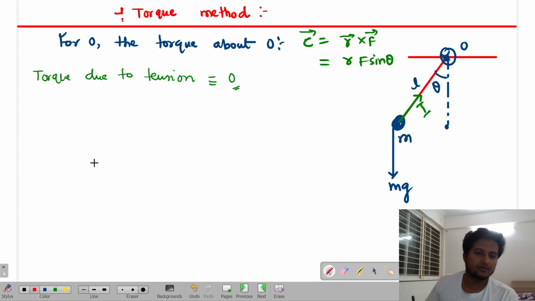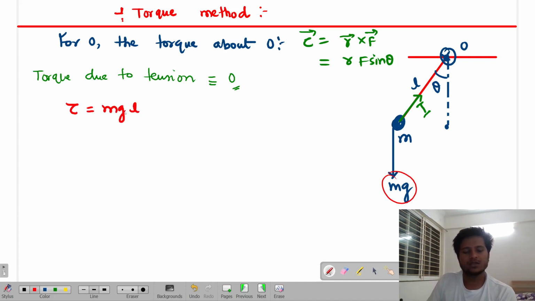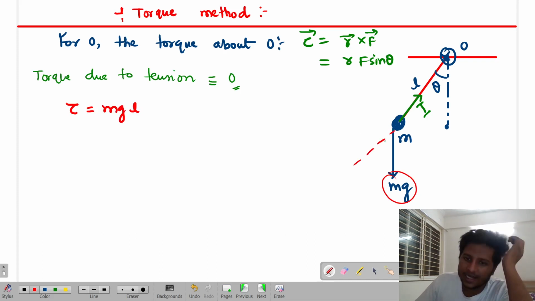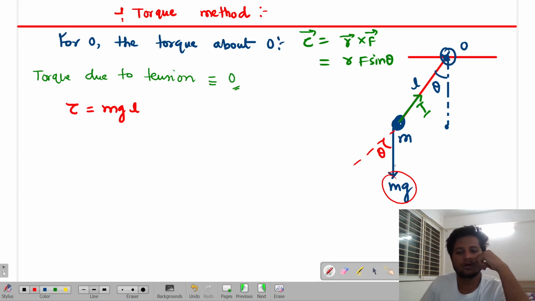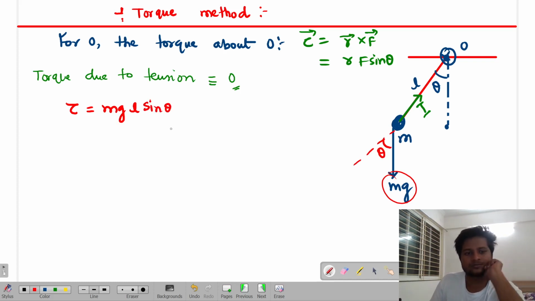Now look over here. One force is left, which is mg. So the torque due to mg is mgl, and the length vector and mg make angle theta between them, so it becomes mgl sine theta. Are you able to get me?